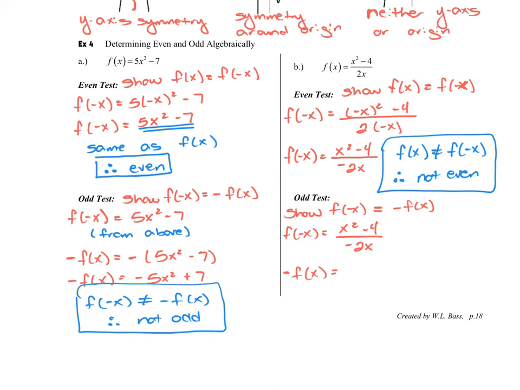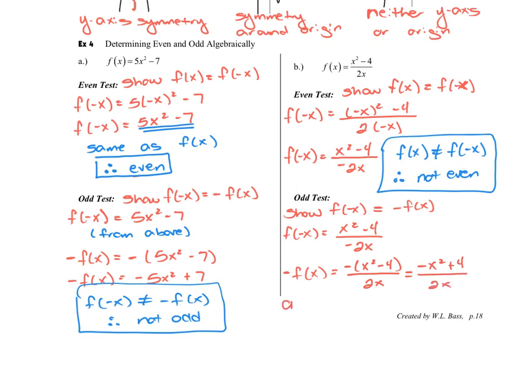So I'm going to write it both ways so you can see what this will look like. I can apply it to the numerator and make it look like this. Negative, and I'm going to have an x squared minus 4 all over a 2x. Or, actually, let me simplify this one. I'll have a negative x squared plus a 4 over 2x.